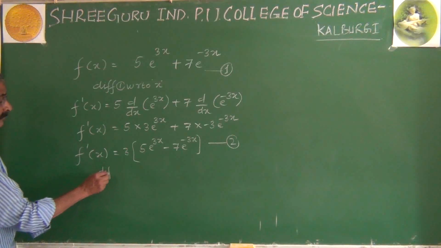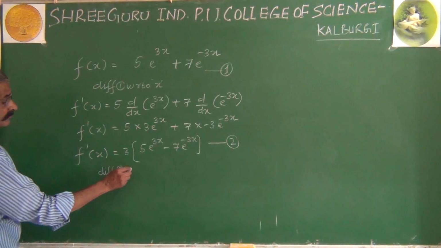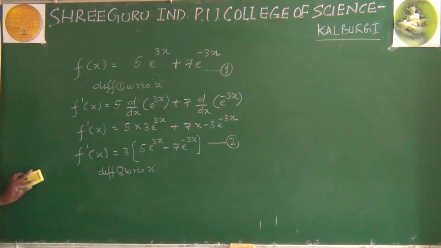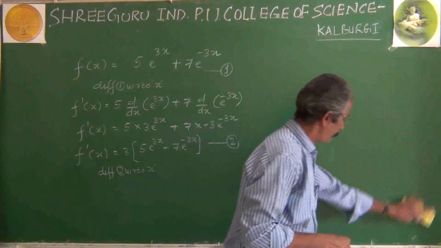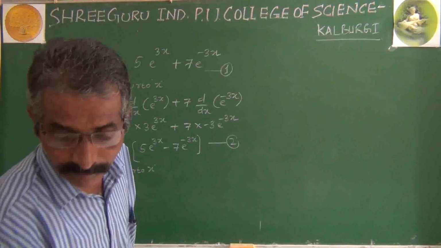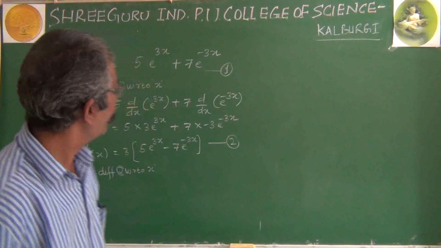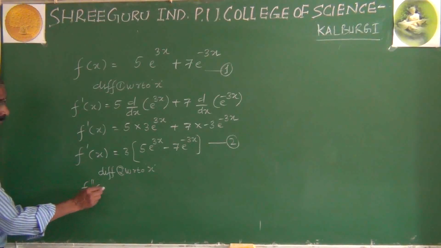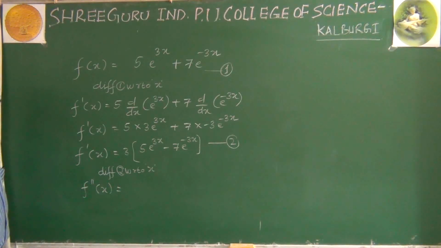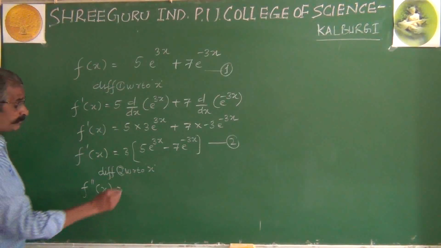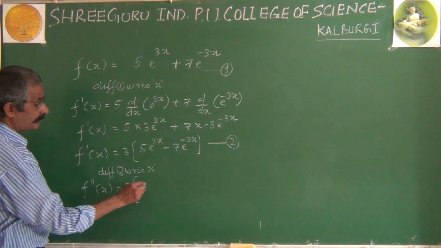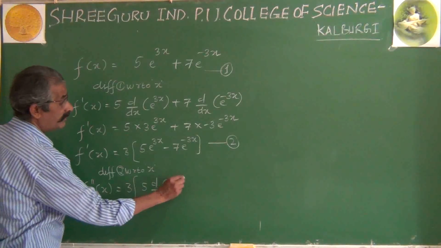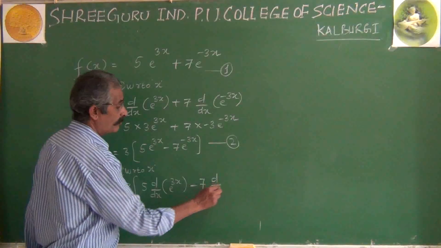On differentiating 2 yet again, left side differentiation of f dash x becomes f double dash x. Right hand side, 3 outside, then 5 into differentiation of e power 3x minus 7 into differentiation of e to the power of minus 3x.